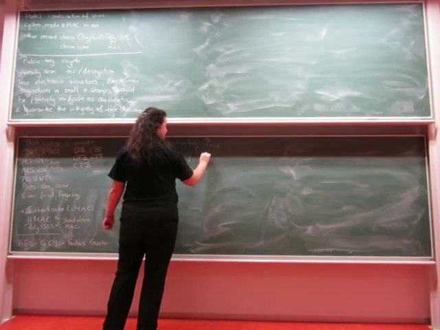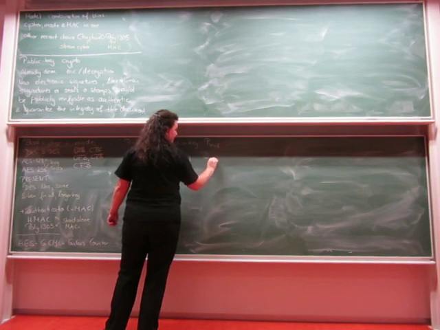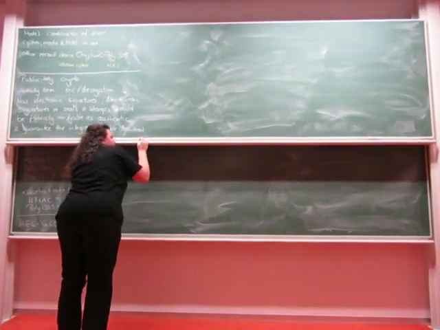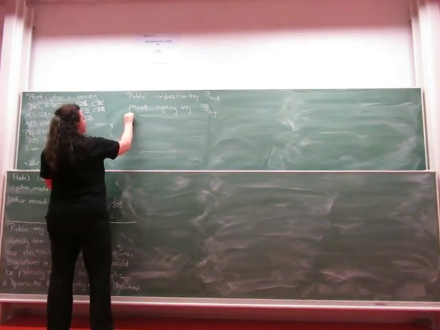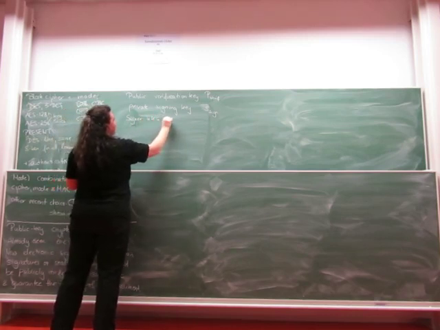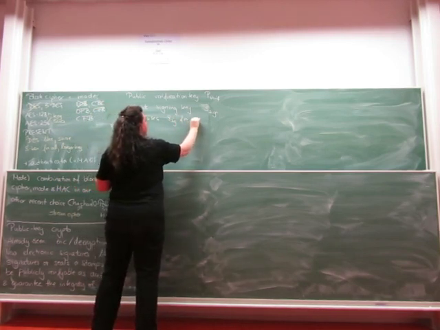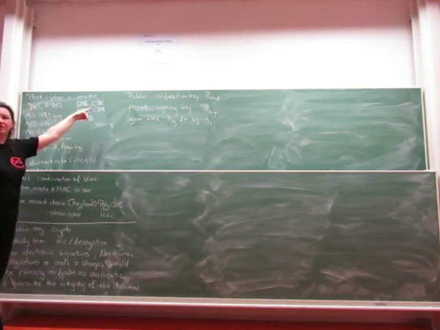And then we have a secret key, the secret S for signing. And then the signer uses a secret key for signing, and then everybody can use the verification key to verify.